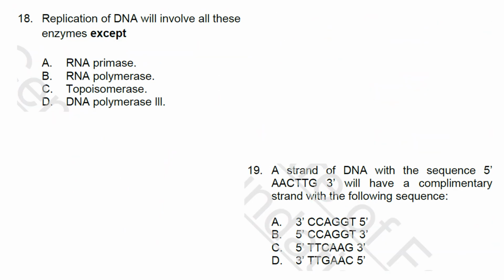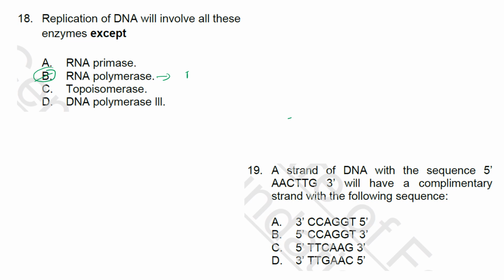Question 18. Replication of DNA will involve all these enzymes except, the answer will be RNA polymerase. RNA polymerase is the enzyme that will be required during transcription to produce RNA based on DNA template.